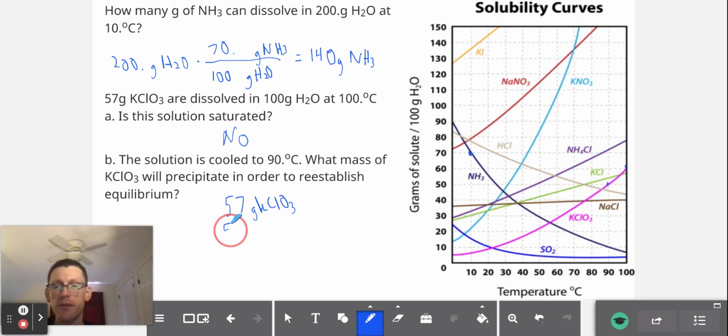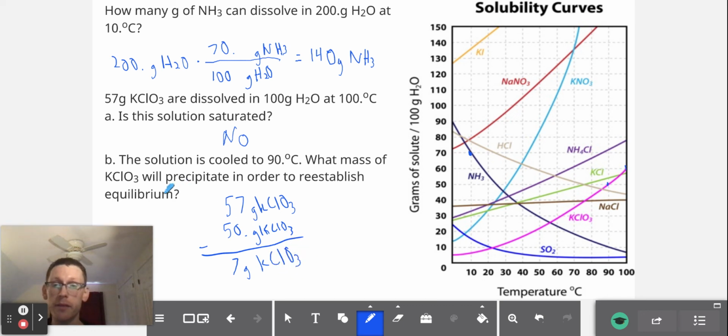So I'm going to say it's 50 grams of KClO3. And so what this gives us is 7 grams of KClO3 that would precipitate out.